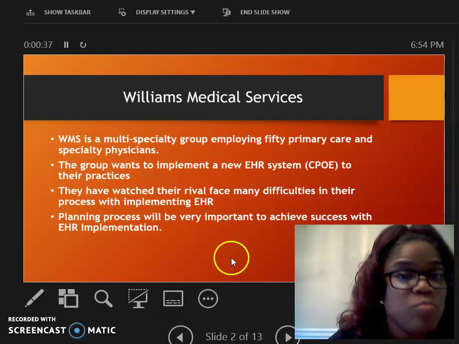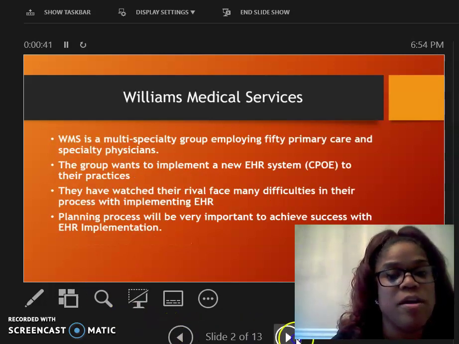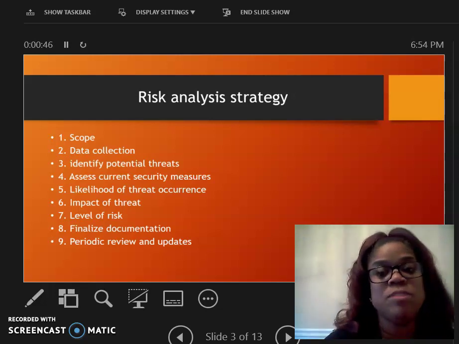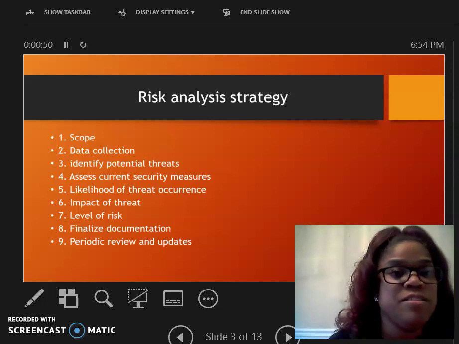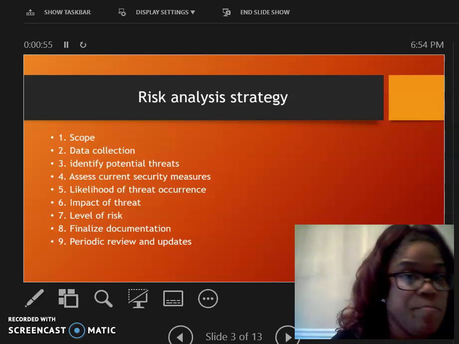So we'll start with the risk analysis strategy. Number one, the scope. The scope is basically any organization, or our organization, that creates and transmits data. Number two, data collection must be documented.